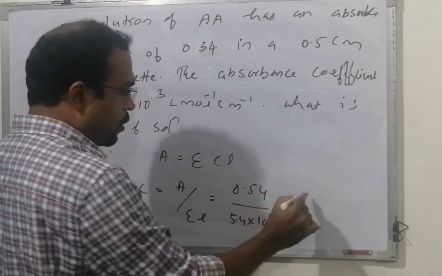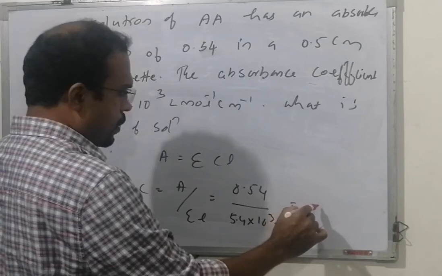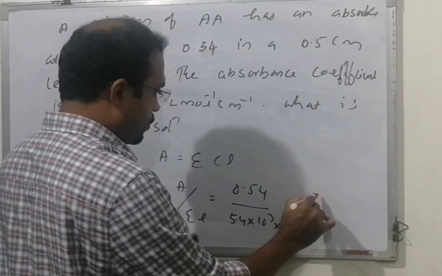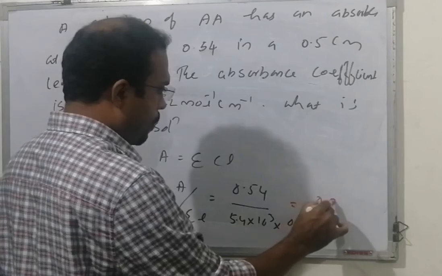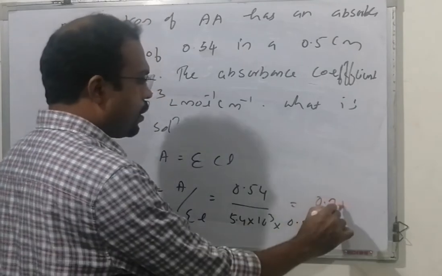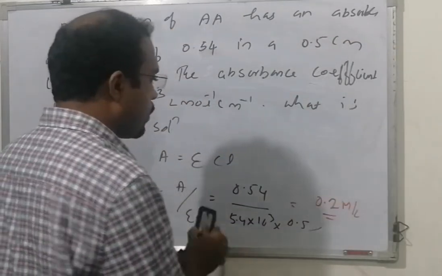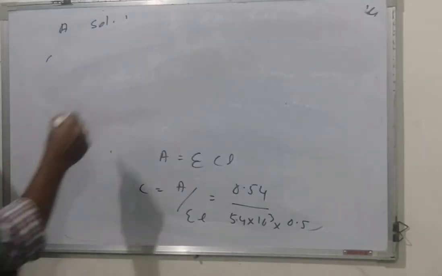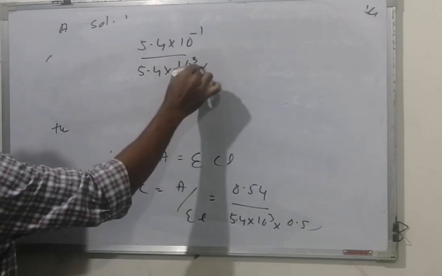You can calculate the final answer at this point. Solve this calculation here: 5.4 into 10 raised to minus 1 divided by 5.4 into 10 raised to 3 into 0.5.